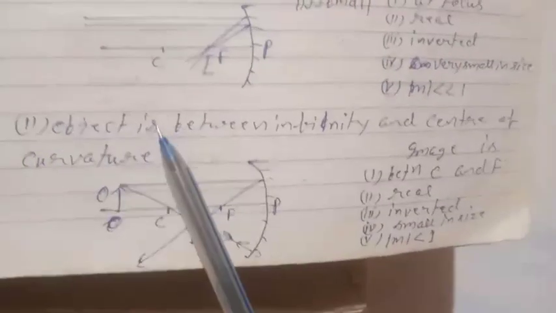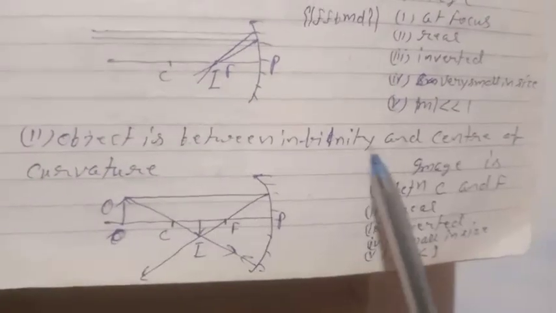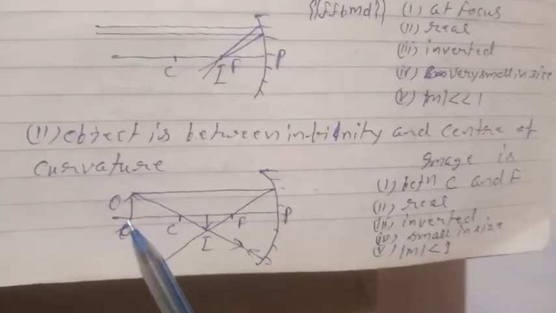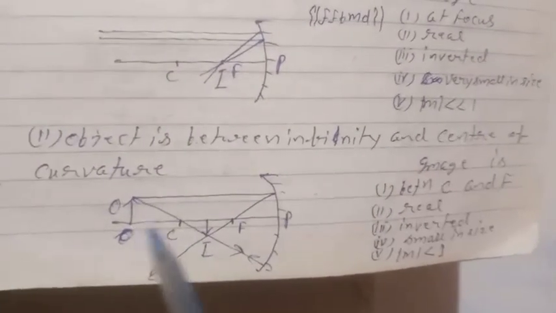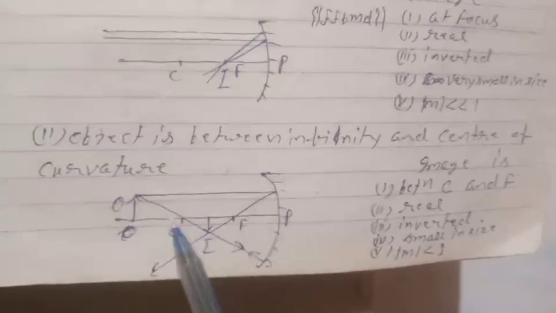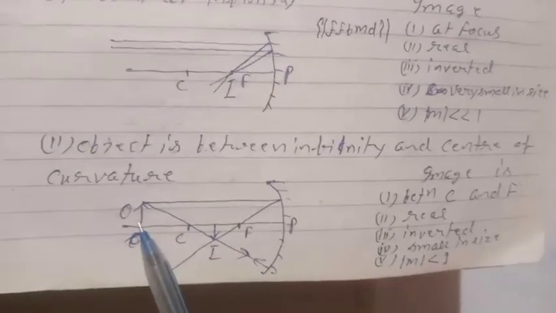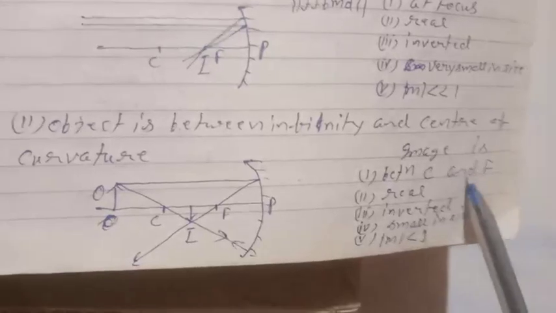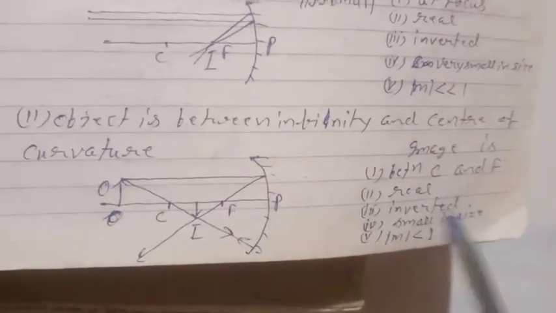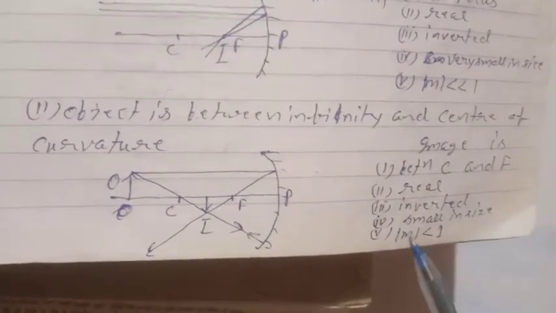Second case, the object is between infinity and the center of curvature. This is the object, and it is between infinity and the center of curvature. This is the center of curvature, and the object is just beyond the center of curvature. In this case, the image is between C and F. It will be real, inverted, small in size, and magnification will be less than 1.